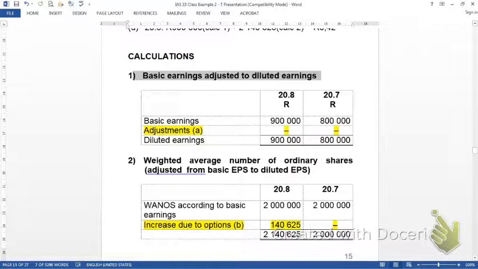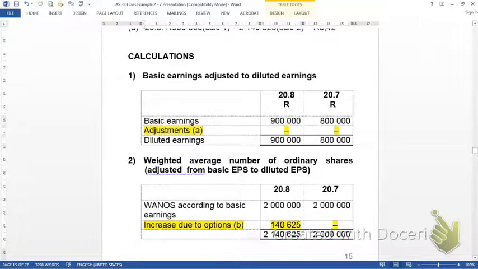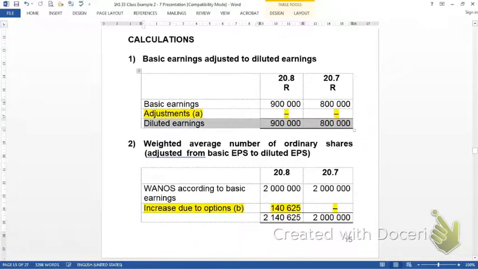And as we also know, with share options there's no income or expense relating to that, so there's no interest, expense or dividend that we have to adjust to get to our basic earnings. So therefore, we've got the basic earnings. There's no adjustment to get to the dilution, so our diluted earnings is the same as basic earnings, 900,000 for 20.8 and 800,000 for 20.7.